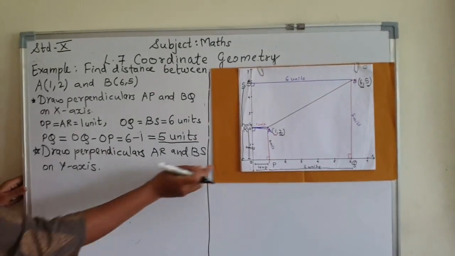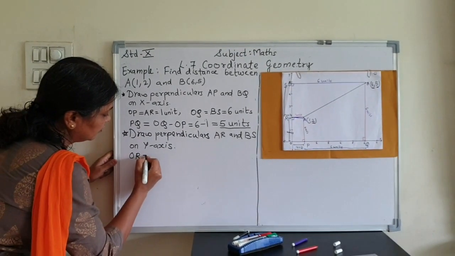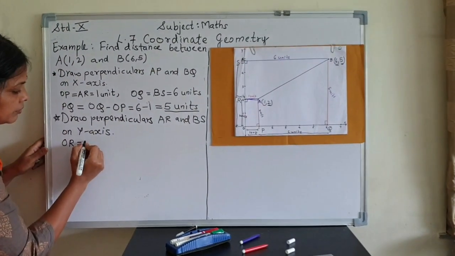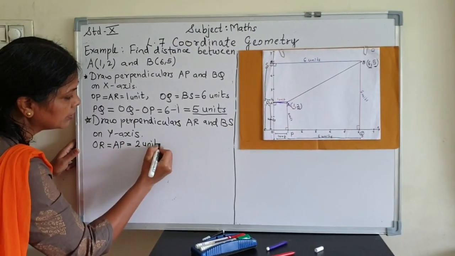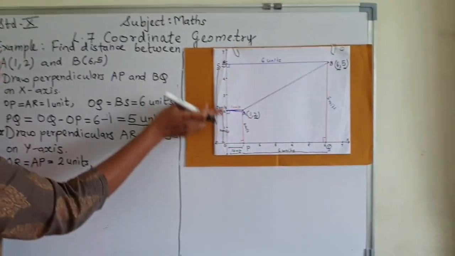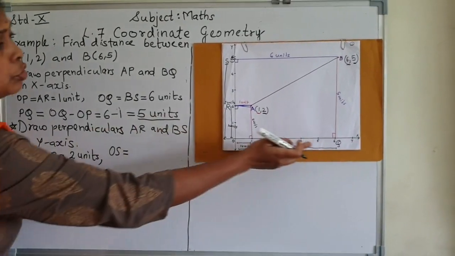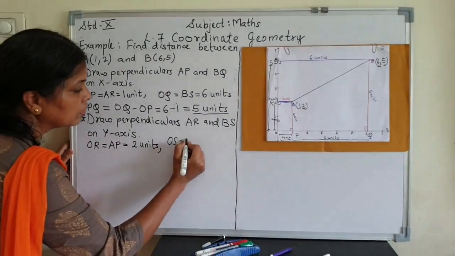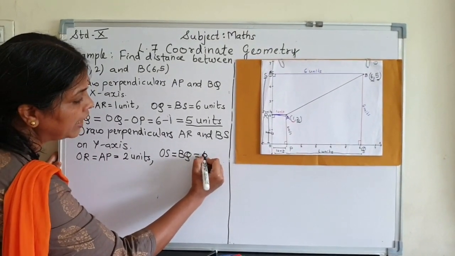So here what we get? OR, which is equal to AP, that is 2 units. And we get OS, which is equal to BQ, which is 5 units.